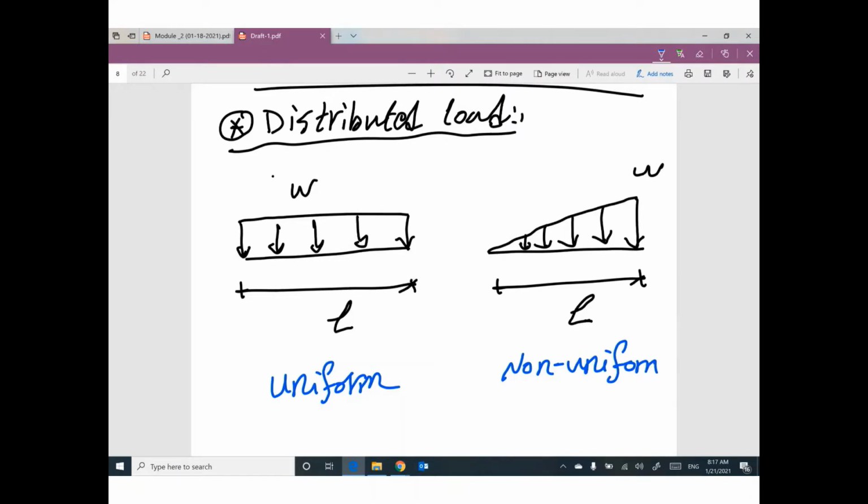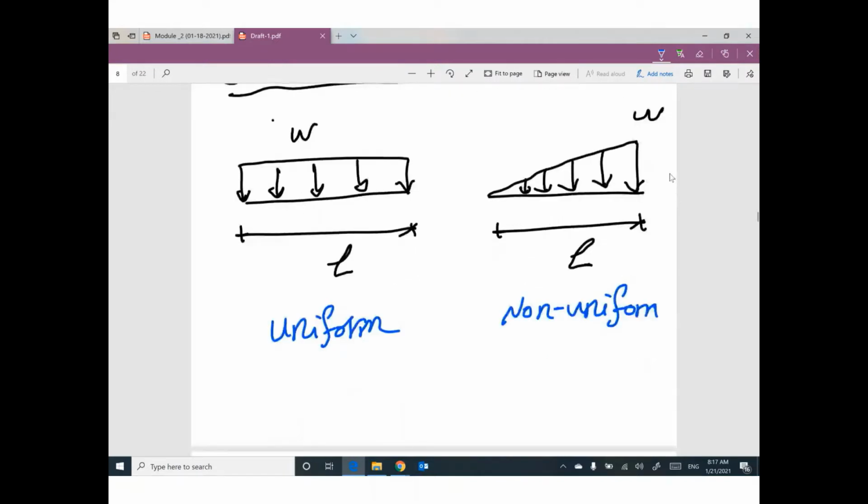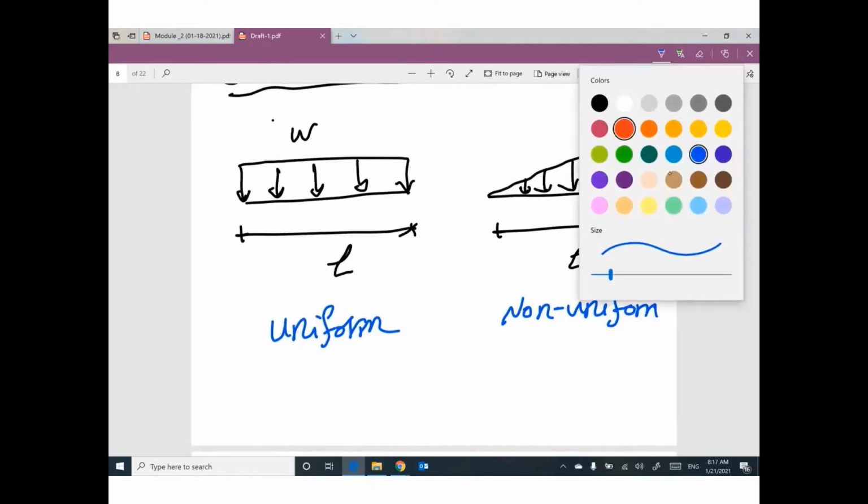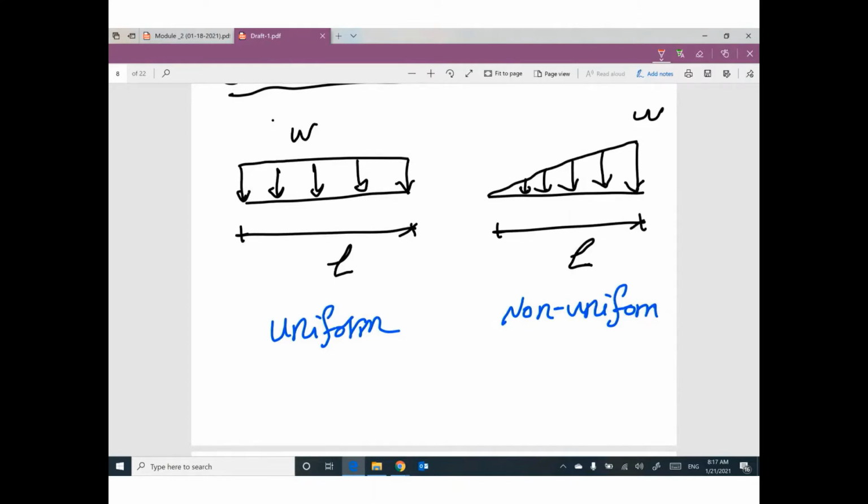We need to make an equivalent for this distributed load. The equivalent load or equivalent force for this rectangular distributed load will be a force called F. This F has a value equal to this area. This is a rectangle.